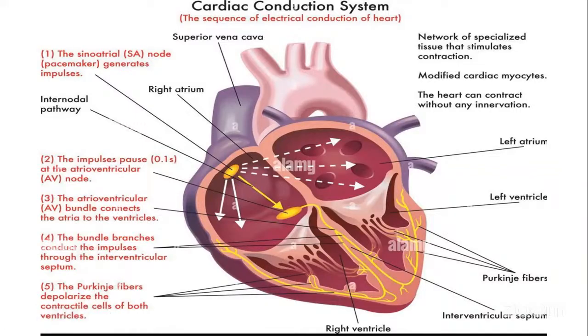So you have the SA node at the junction of the superior vena cava and the right atrium, generating the impulse and going along the pathway, like I said.